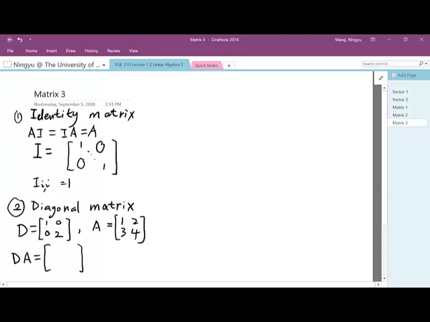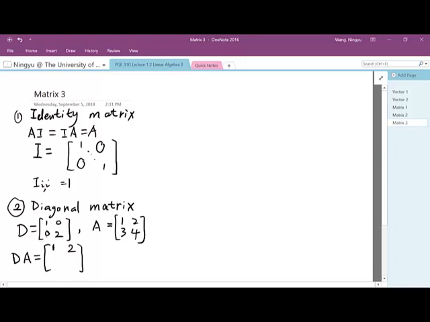First row is 1, 0. First column is 1, 3. So it is 1 times 1 plus 0 times 3, so it's 1. And then what is the element on the first row and second column? It's 1, 0 multiplied by 2, 4. So still 1 times 2 and 0 times 4. So it's 2. And what about the one on the second row and the first column?